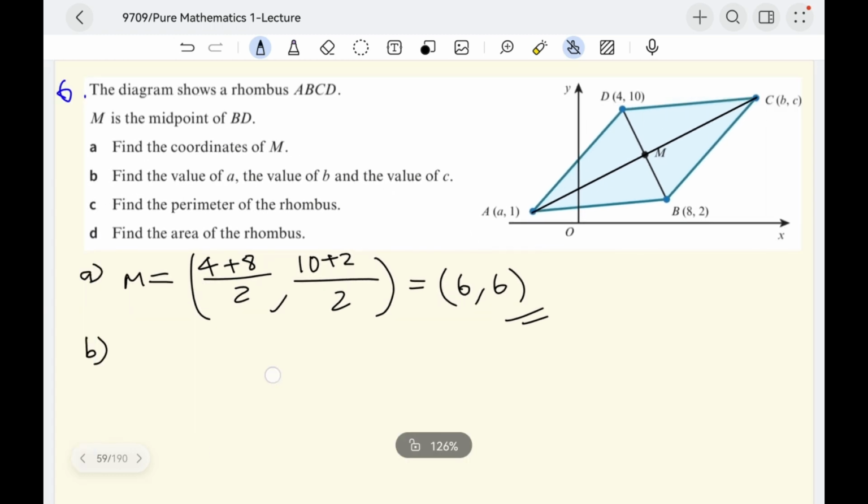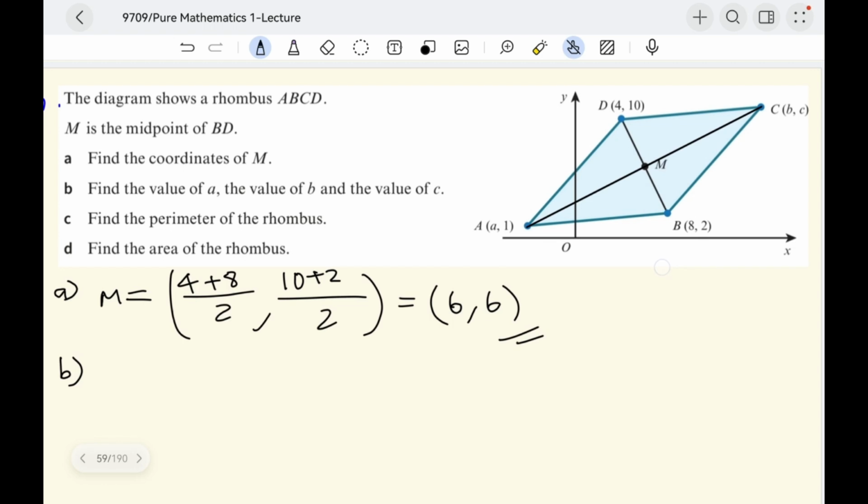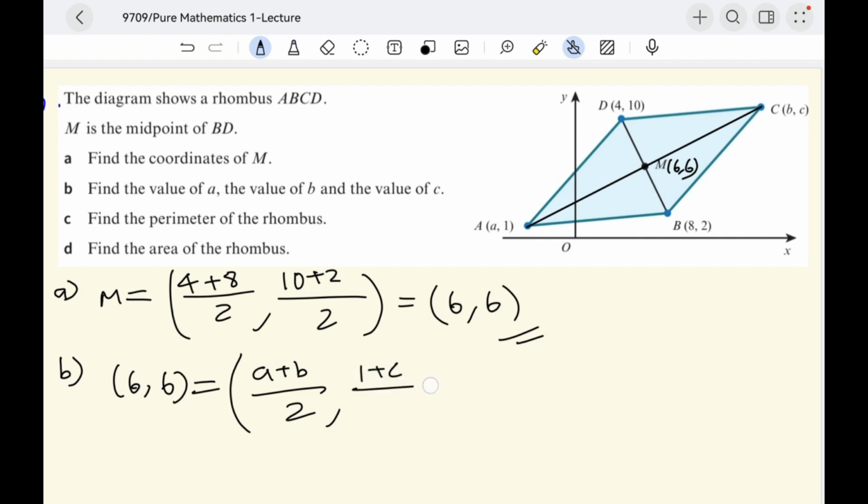So you need to use the midpoint formula as well, just that the reverse process. Okay, since you know that the M is 6, 6, result from A, so I have to equate 6, 6 to A plus B over 2 for x coordinate, for y is 1 plus C divided by 2.